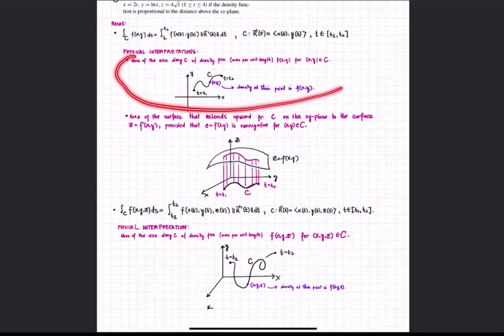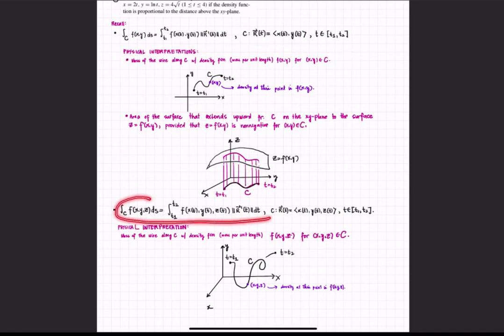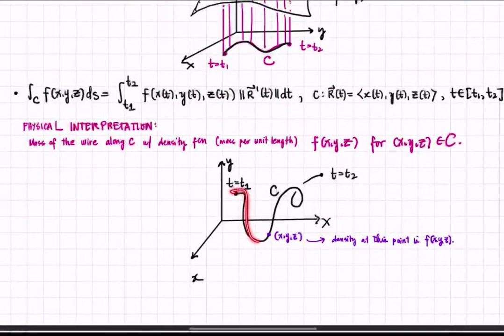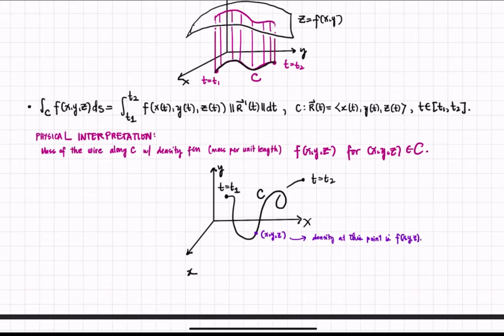If your scalar field is in three variables, it is the same again: you have your wire that follows the shape of the curve C, which is in xyz space, in R cube.